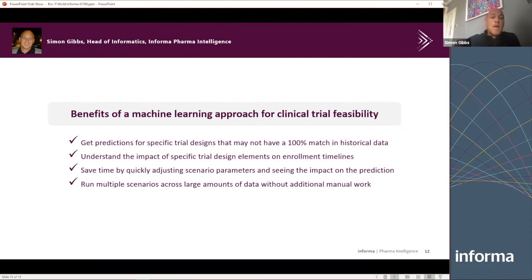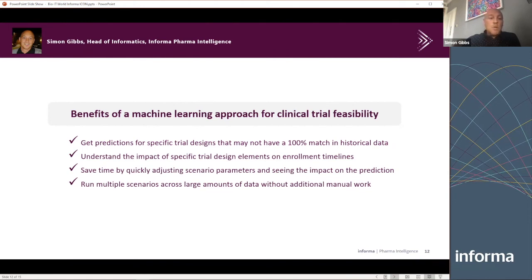So we don't always have to match that historical trial, but we learn across the entire corpus of historical clinical data that we have access to, build up that most optimal trial design, and then generate predictions off the back of that. This is highly valuable when we're looking at rare diseases, where there aren't as many historical studies for us to base our analysis upon.